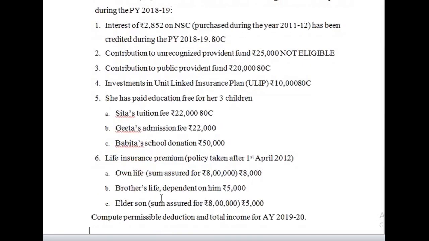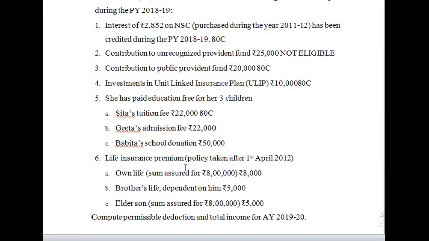Life insurance premium, policy taken after 1st April 2012. Here the dates are given for the purpose of identifying the maximum limit. The assessee has taken life insurance on his own life, brother's life, and elder son.